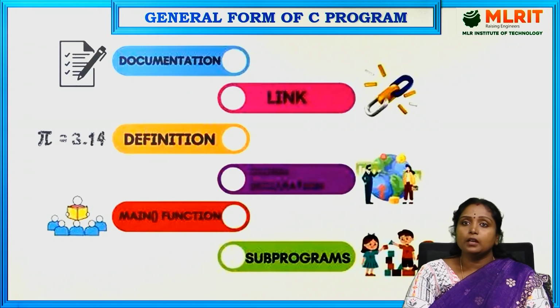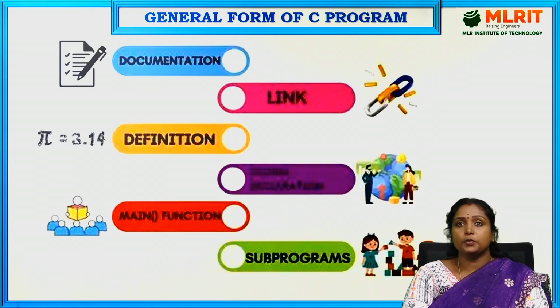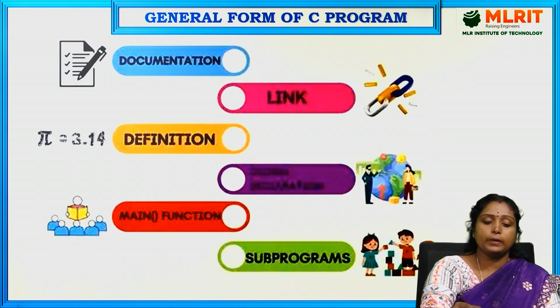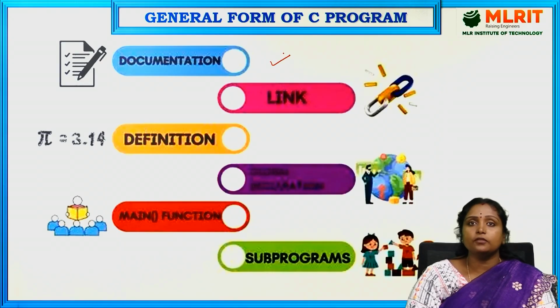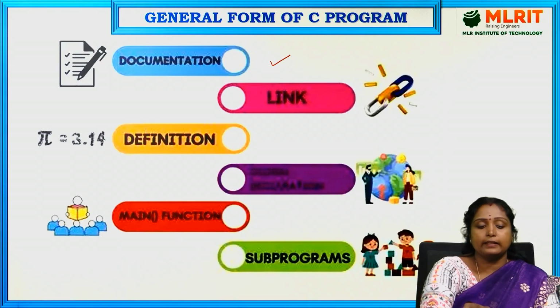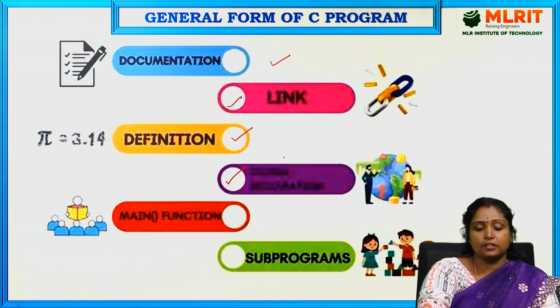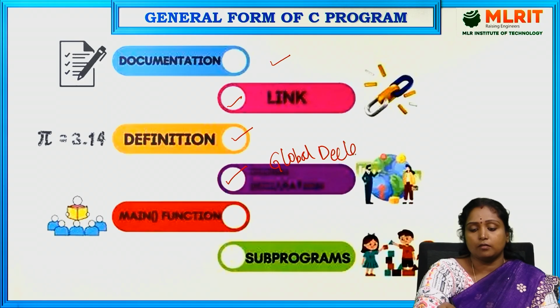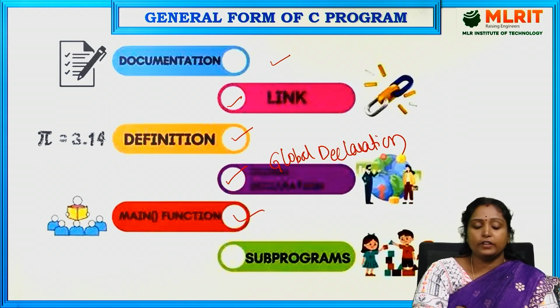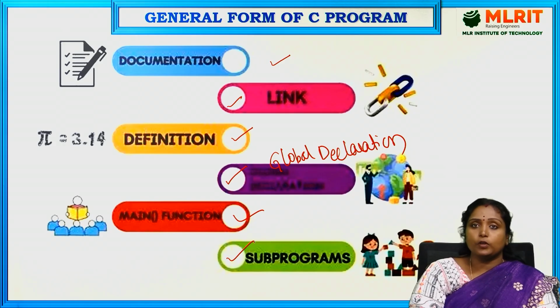Coming to the general form of C programming, you will have the documentation section as the first section, and then the linking section, definition section, global declaration section, main function, and sub-program section.